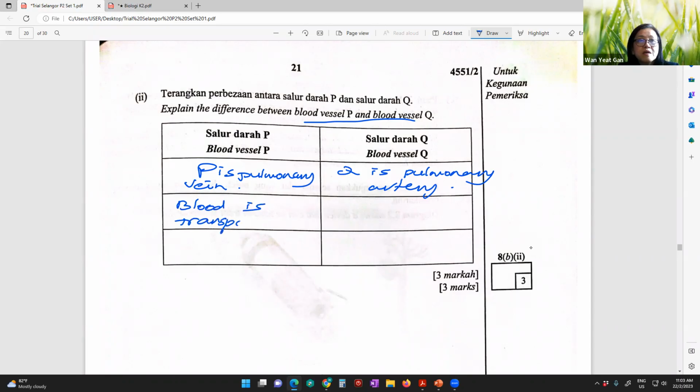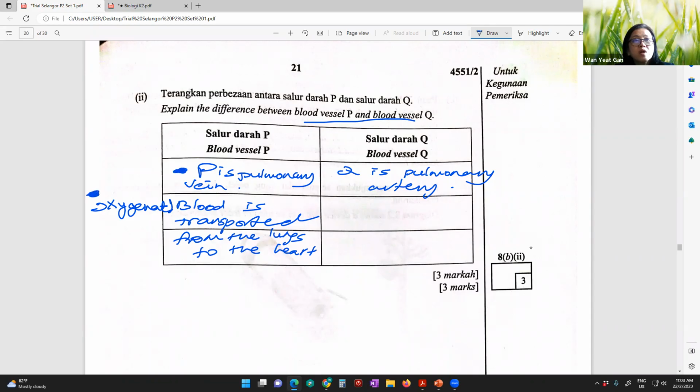Okay, so blood is transported. Here you can say oxygenated blood is transported from the lung to the heart. Okay, this is point 1. This is point 2.